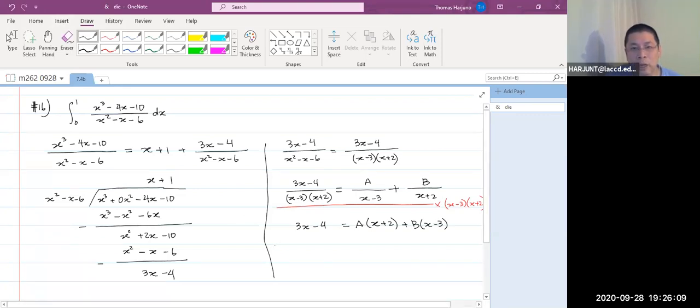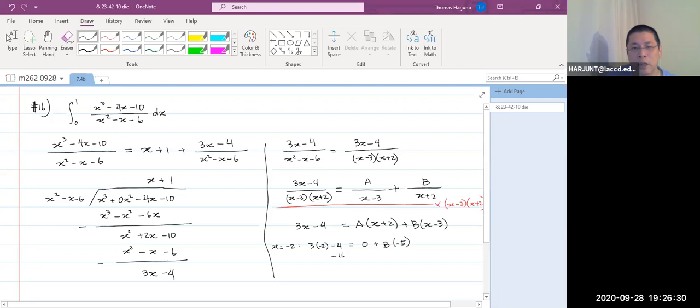So I will use technique number 2, the special numbers, special critical numbers. So x equals -2, for example. So 3 times -2 minus 4 equals 0 plus b times -5.